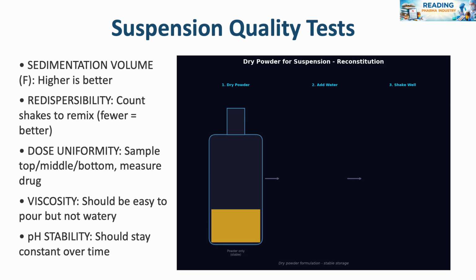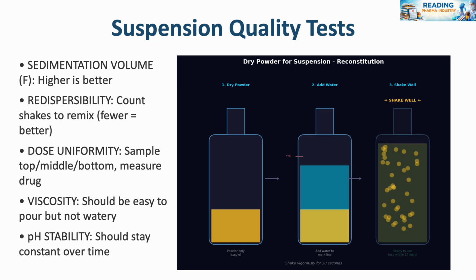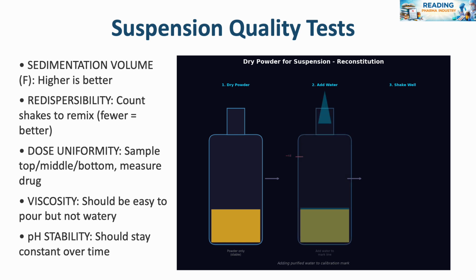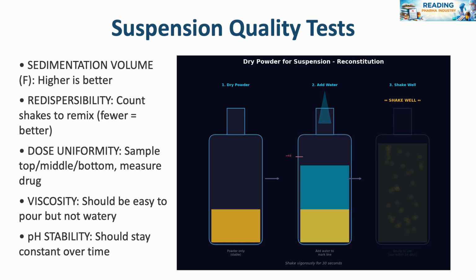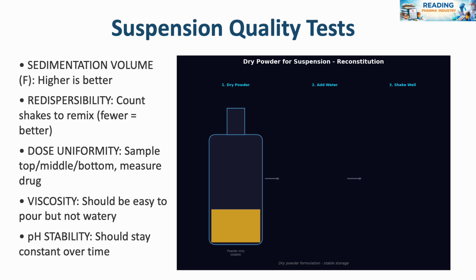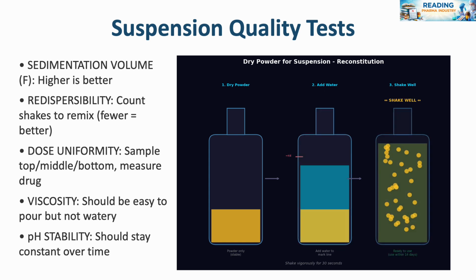The third one is the dose uniformity. Basically, here you sample from top, middle, and bottom, and you measure how much of the active is in each region. The lower the variance, the better the suspension, because that indicates more uniformity across the whole suspension.